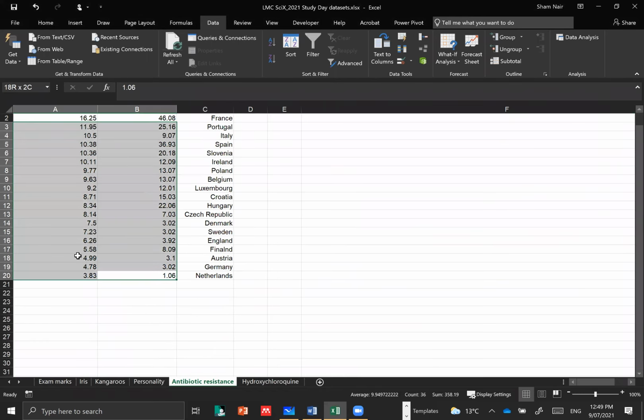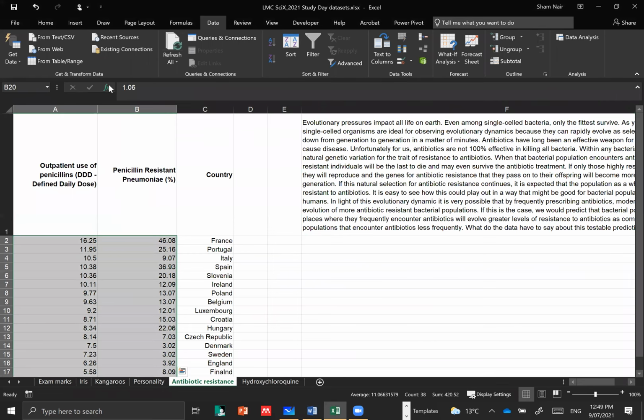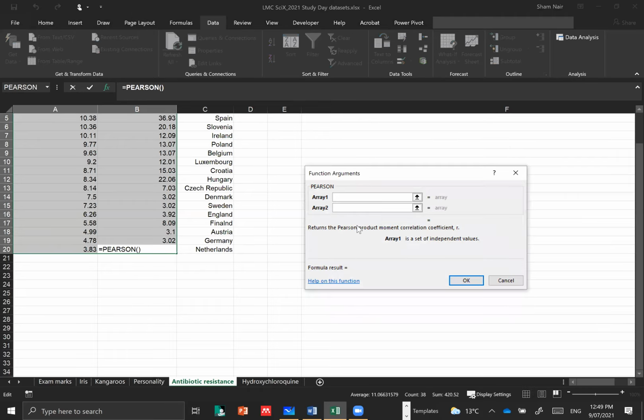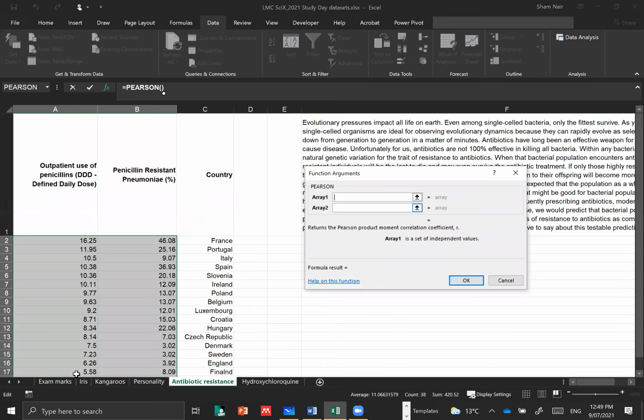So right up here, and you can go, I think, so that's where the Pearson function comes up. You then select the 2 columns, the 2 arrays here.